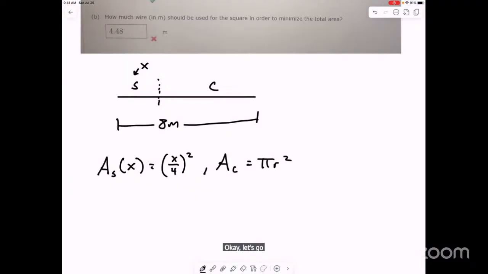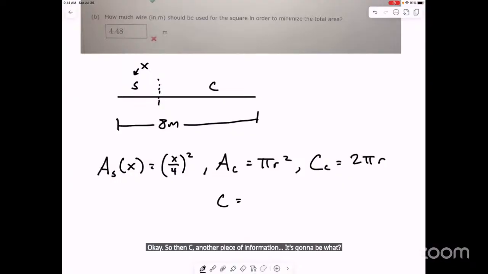Let's go ahead and write the circumference of a circle: 2 pi r. Then C, another piece of information, is going to be 8 minus x. That's the amount that we have left for the circumference, right?